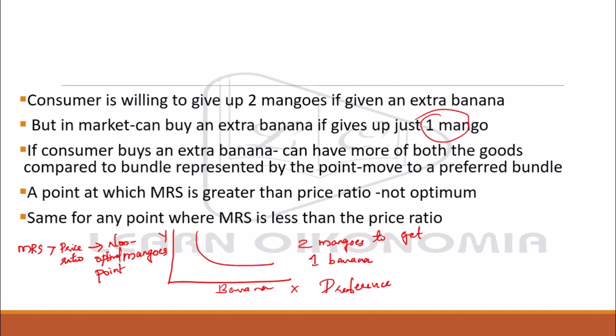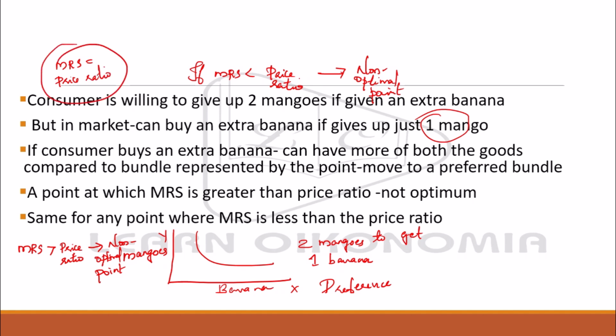Also, if the MRS is less than the price ratio, you consider this point too as a non-optimal point. These are not optimum points. Okay. So only if you have MRS equal to the price ratio, you call this situation optimum.